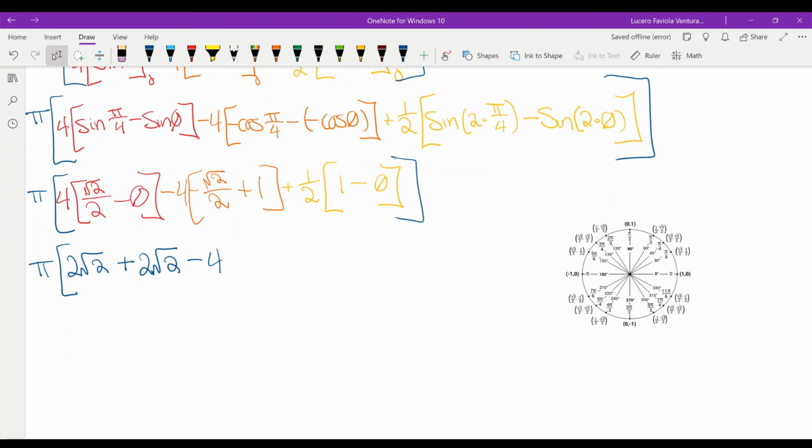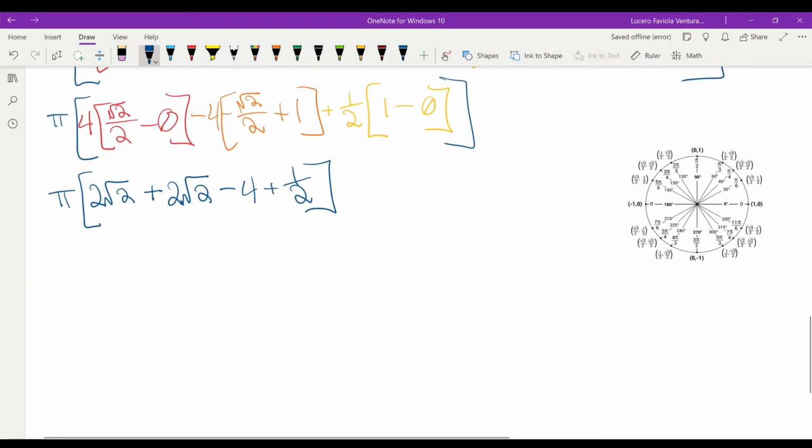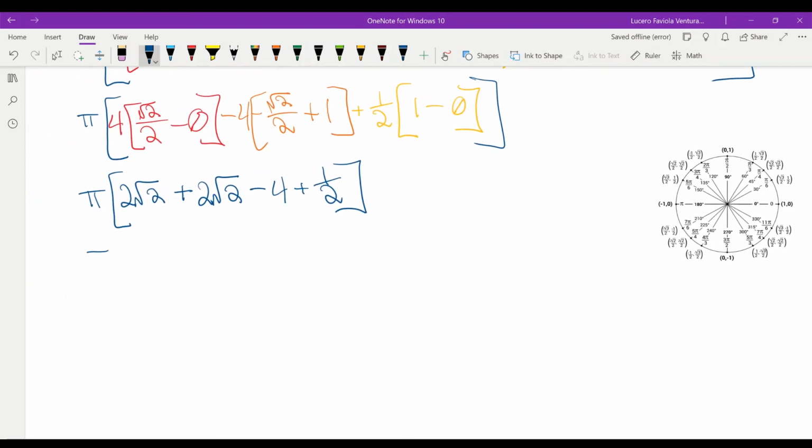Then plus 1/2, because 1 minus 0 is simply 1, and 1/2 times 1 is 1/2. Now here we can combine our like terms. So we rewrite it as pi times 4 square root of 2 minus 4 plus 1/2 is equal to 3 1/2.